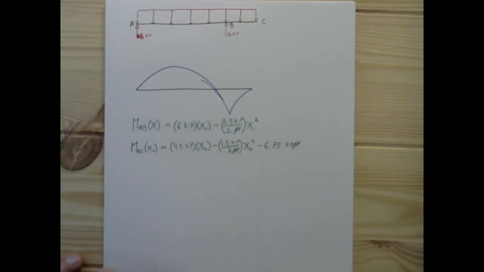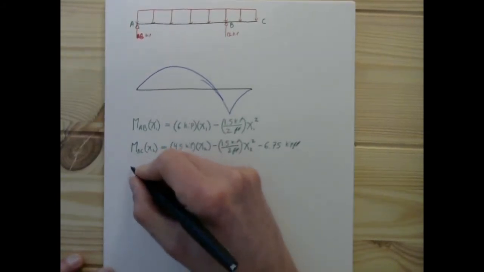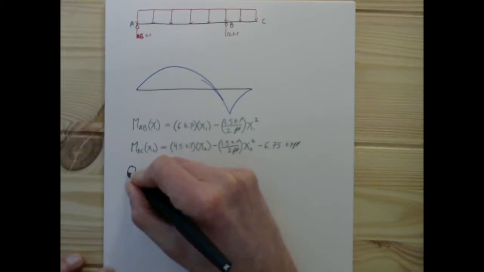So, we don't just want moment though, we want the rotation and we want the deflection. In order for us to get the rotation, we're going to need to integrate further.